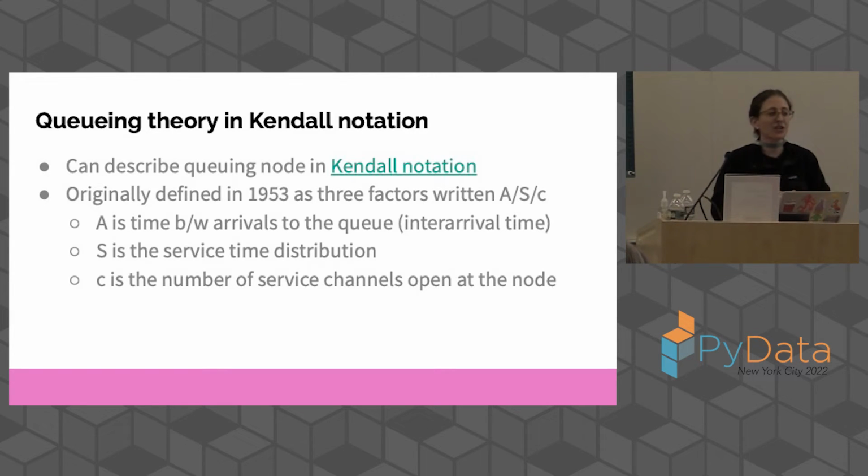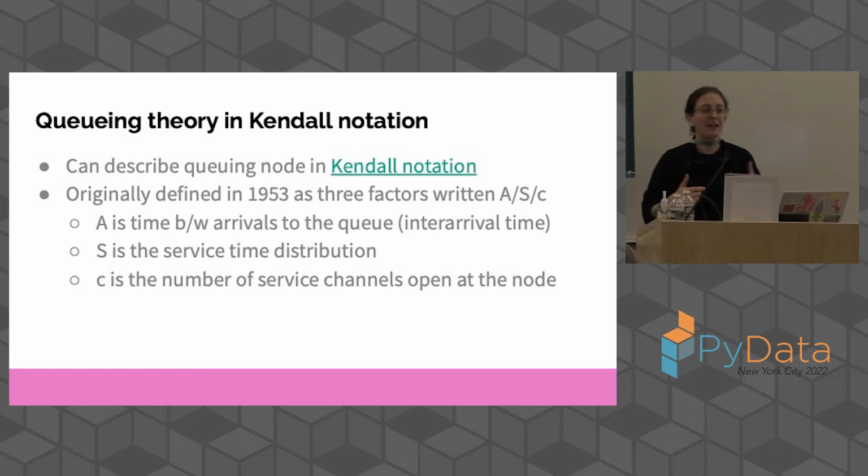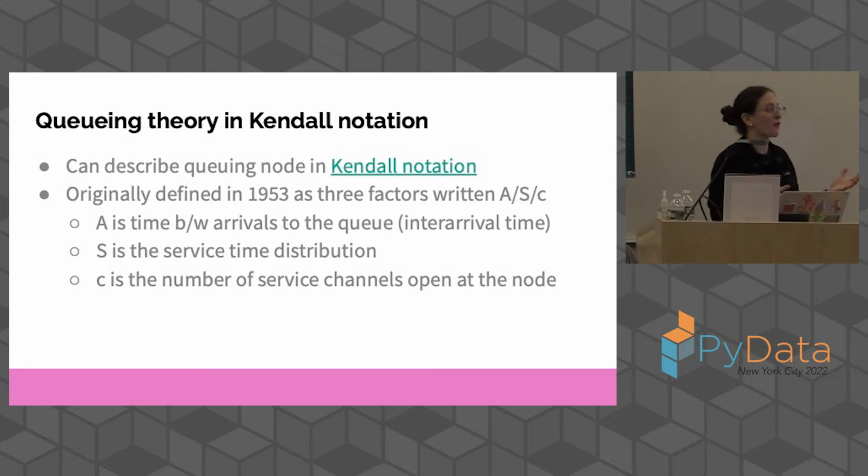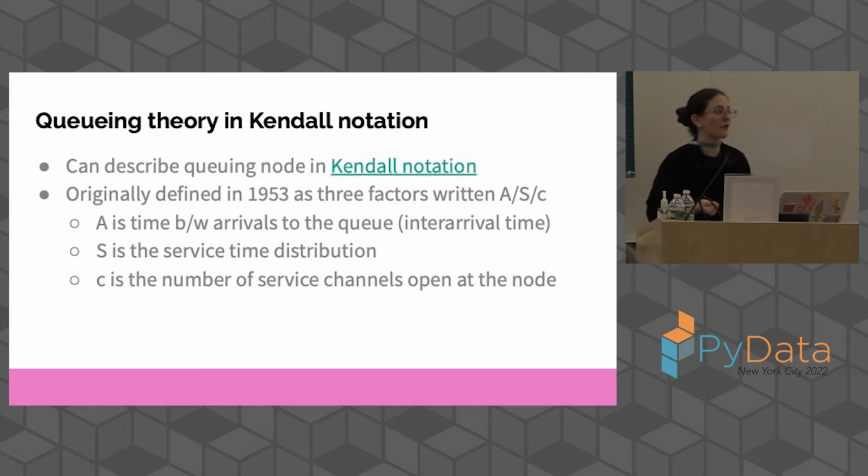S is a service time distribution. That would be how long it takes to provide service at a node. So if I'm calling in to a call center and I'm on the phone for 8 minutes, that would be my service time. And that, of course, is drawn from a distribution.